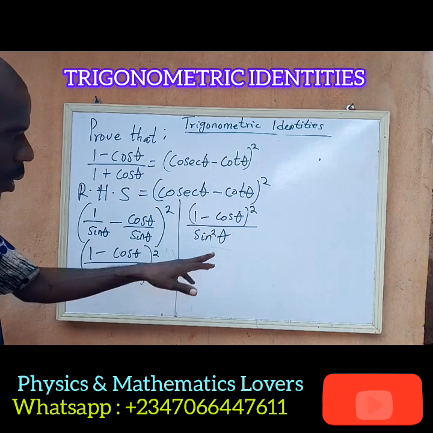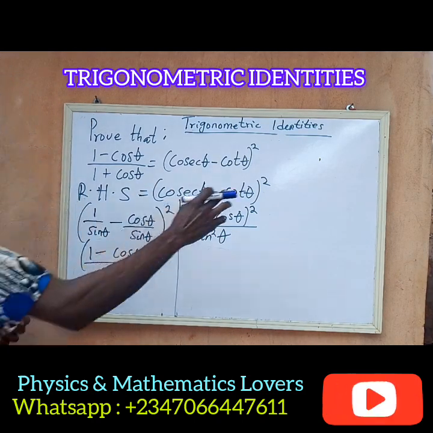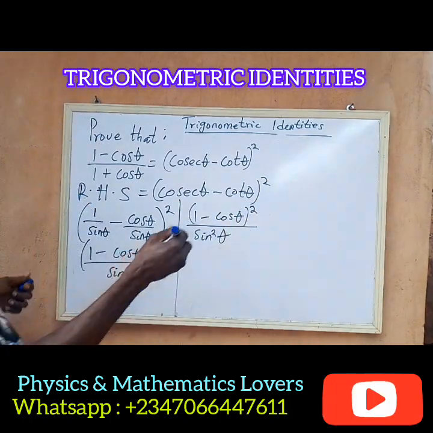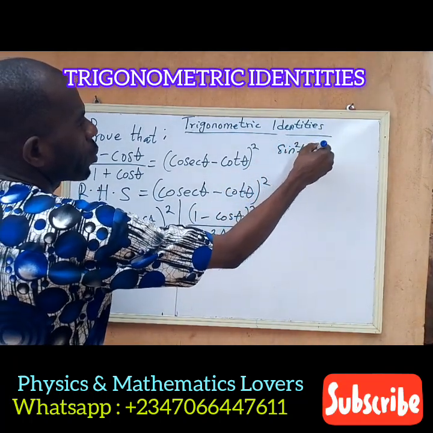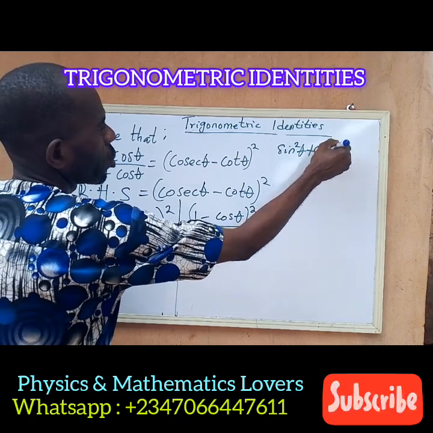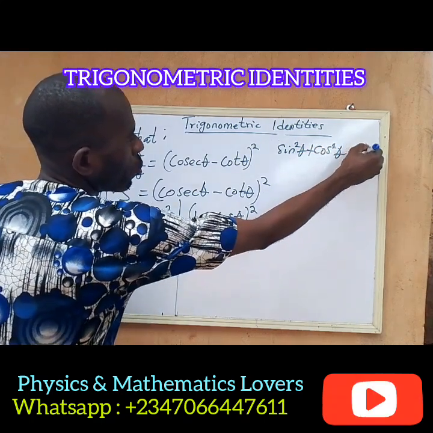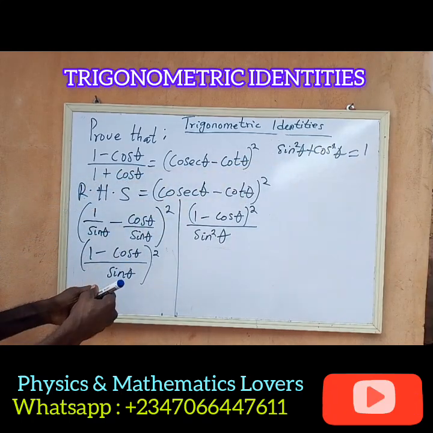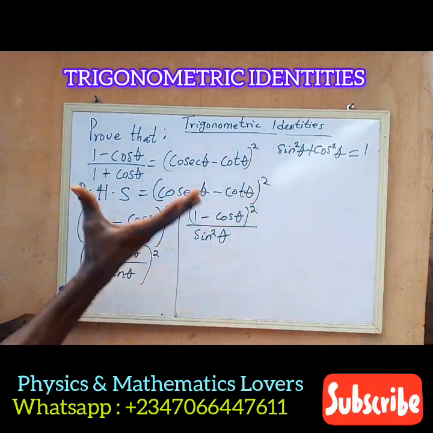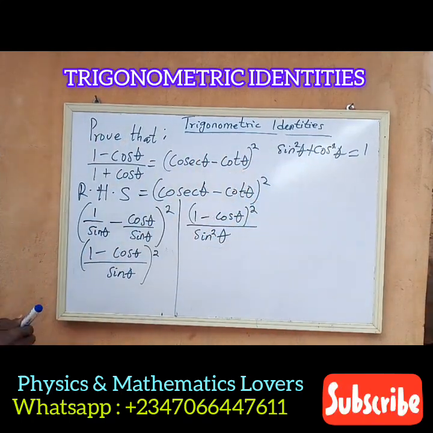Now, there is a trigonometric identity that says sine square theta plus cos square theta equals 1. We are going to prove this in our next video, where I'm going to teach you basic identities and basic trigonometric ratios.